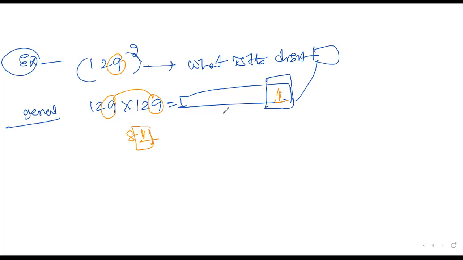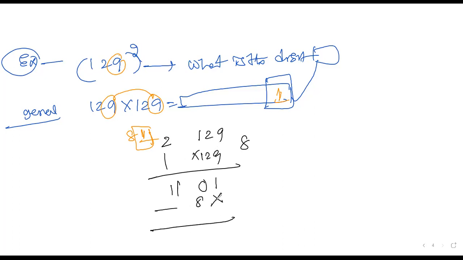You can write it out if you want. 129 into 129: 9 nines are 81, 8 goes up and 1 comes here. Then 9 twos are 18, plus 8 is 26, and so on.